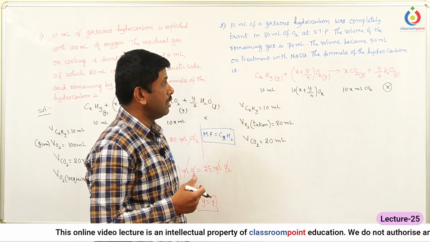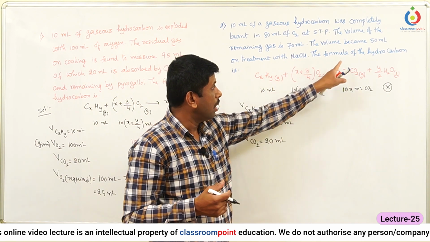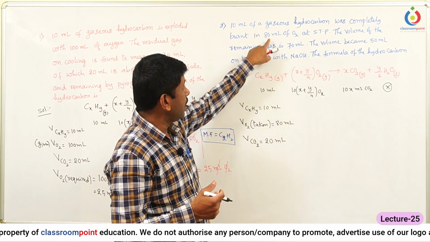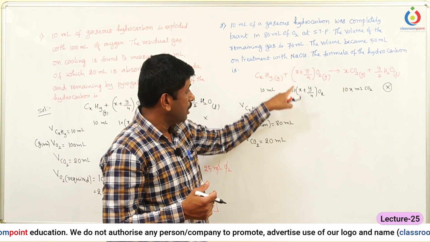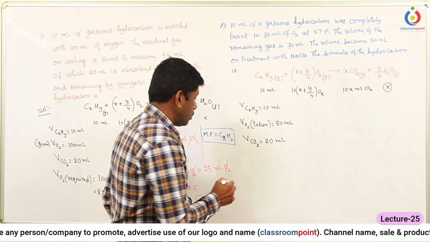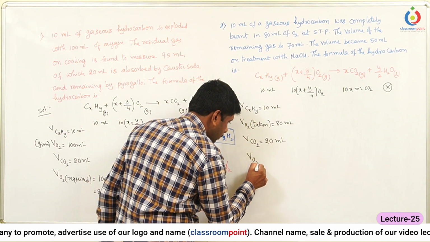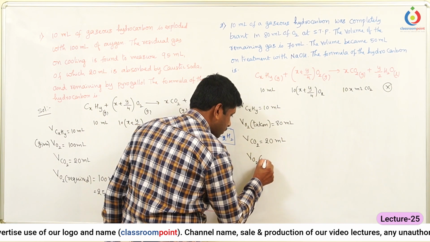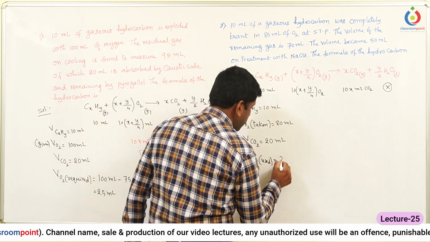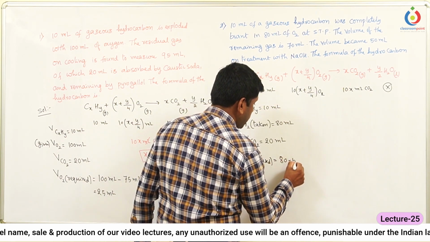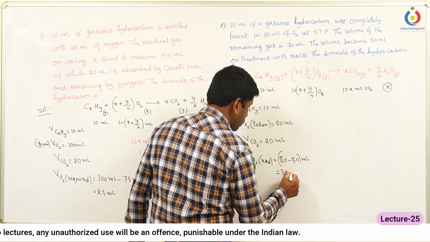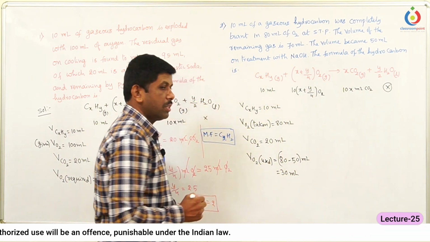The remaining volume of oxygen is 50 ml, which is absorbed by pyrogallol. But we have taken 80 ml of oxygen, and here we need only the volume of oxygen consumed in the reaction. So the volume of oxygen reacted is 80 minus 50 ml, which equals only 30 ml of oxygen used.